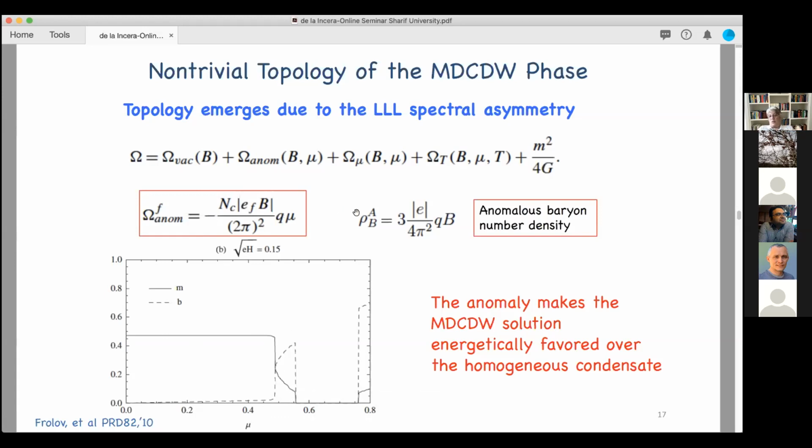Why is the magnetic field producing a phase that is favored over the chirally restored phase? Because of the anomaly. This is important to underline.